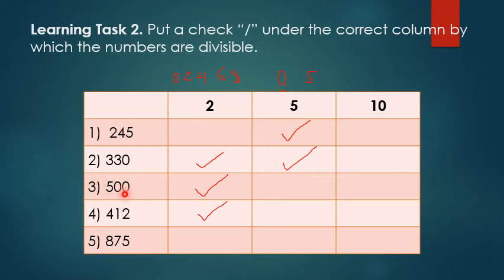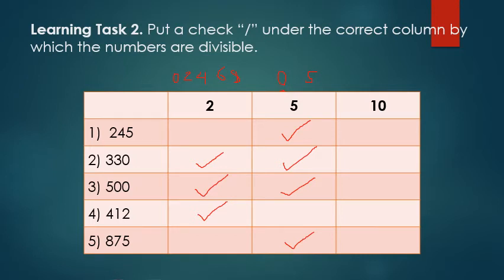Ang 500, nagtatapos din sa 0, so divisible sa 5. Ang 412, nagtatapos sa 2. Wala pong 2 dito, so hindi divisible sa 5. And 875, nagtatapos sa 5, so divisible sa 5.